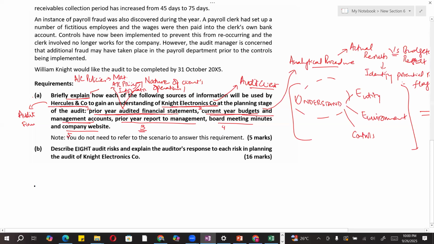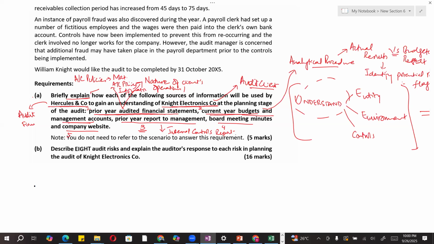Then comes in the prior year report to management. Basically, the report to management is the internal controls report, which details the weaknesses or the deficiencies in the internal control systems.